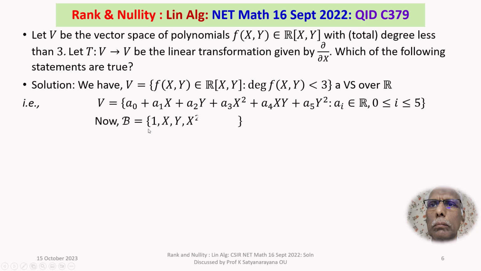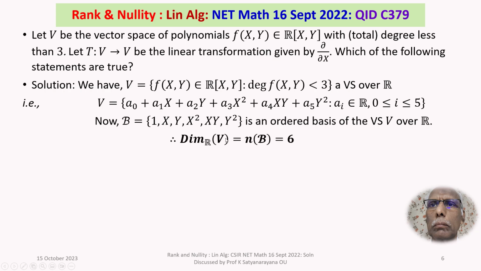Now B equal to the set consisting of 1, x, y, x square, xy, y square is an ordered basis of the vector space V over R. Then we can find the dimension of V. The dimension of V over R is equal to the number of elements present in a basis B. There are 6, so the dimension of V is 6.